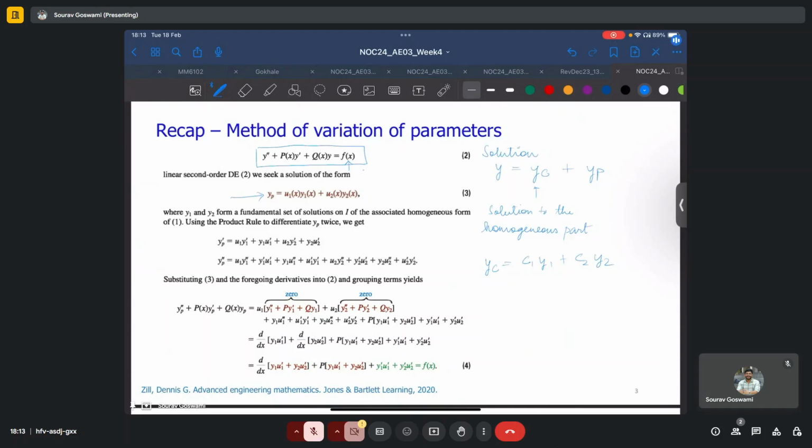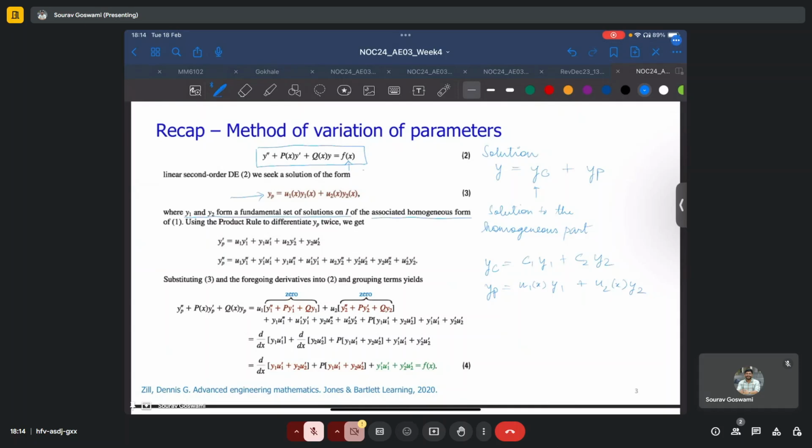So the particular solution will be some function u1 of x times y1, plus some function u2 of x times y2. y1, y2, as we just saw, constitute the fundamental set of solutions of the associated homogeneous form. That is, when we put the RHS equal to 0 and solve this equation, we obtain the complementary function containing these two solutions.